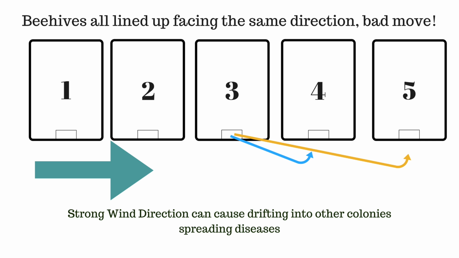The bees from hive number 3 in the middle potentially could drift one way or the other depending on the strength of the wind and get blown into another colony, and so we call that drifting. And if that bee happens to be infected with a disease or a parasite, then that's going to be introduced into a new colony, and there are lots of ifs and buts.